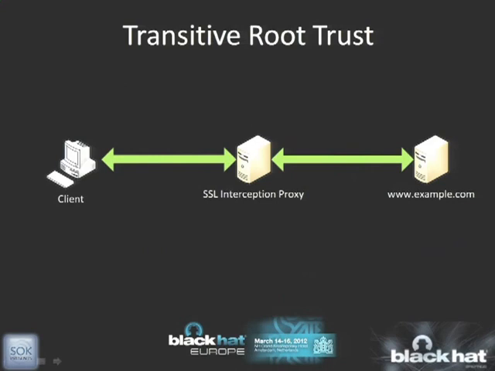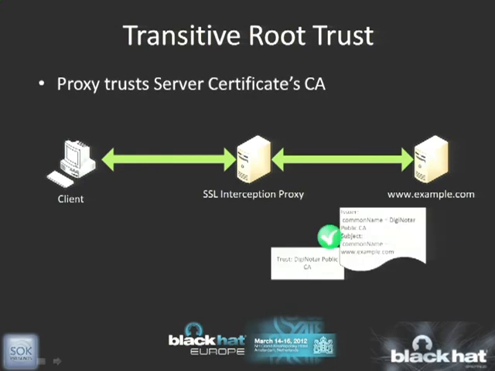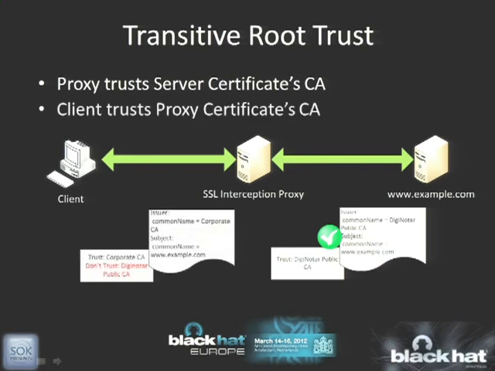If we put an interception proxy in the middle, and this interception proxy was not updated to revoke trust in DigiNotar, we have our first example of transitive trust. In this case, the server presents its certificate signed by DigiNotar. The interception proxy says, okay, no problems. The client's trust roots are unmodified.